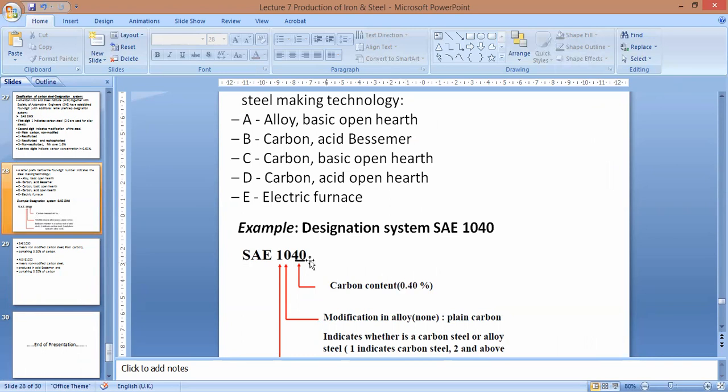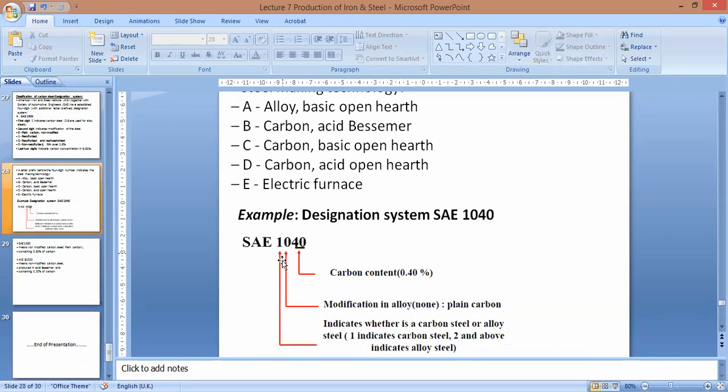For example, it's 0.4%. Then the 0 is the modification in alloy. So 0 means plain carbon. And then the 1 here indicates carbon steel, 2 and above indicates alloy steel.